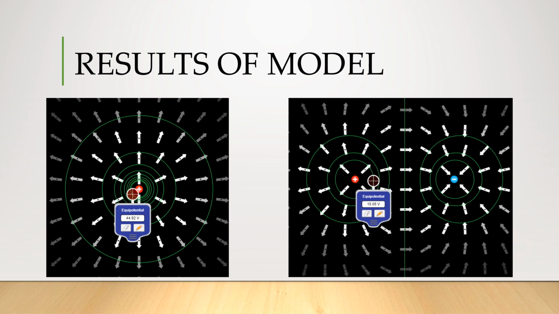And what's unique is that you can actually see that, let's take the positive charge for example, the further left you go, the actual equipotential line begins to bulge away, and that is due to the electric field remaining stronger and not being reduced by the impacts of the negative charge like it does on the right.